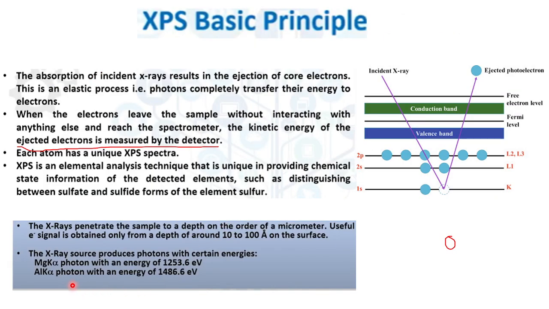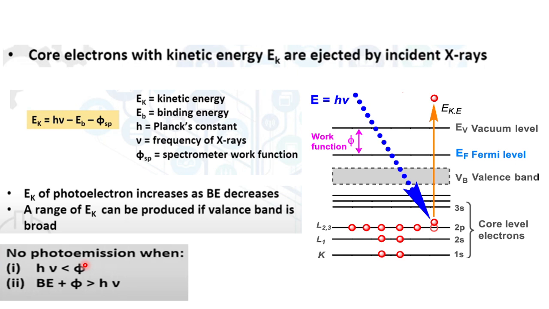That's why magnesium K alpha has an energy of 1253, and aluminum K alpha is 1486. Why? Because aluminum is heavier compared to magnesium. If you go to copper, it is much heavier. The kinetic energy will be equal to h nu minus binding energy minus work function, where h is Planck's constant.